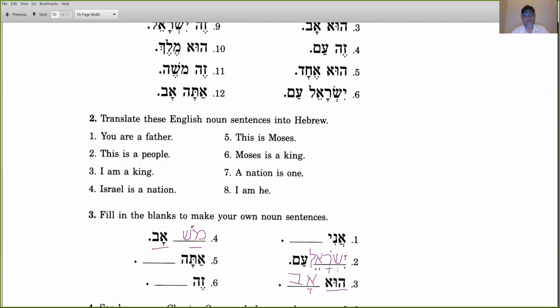Okay, and we have a sheen, segol, and a hey. Moshe. Ata blank. So you something. We could put you are he and put the Hebrew word who in there.